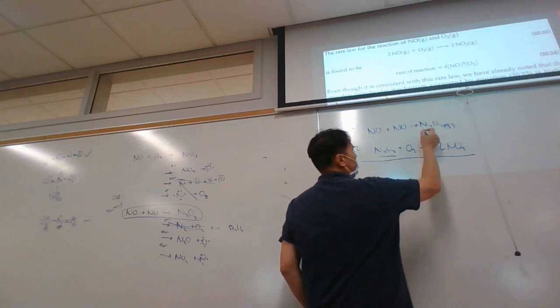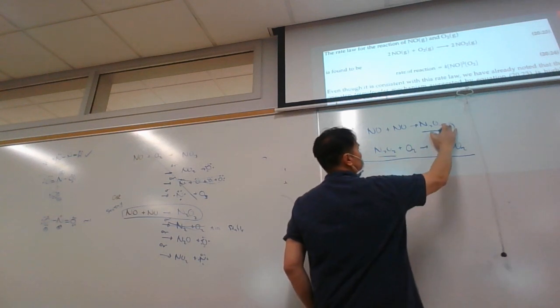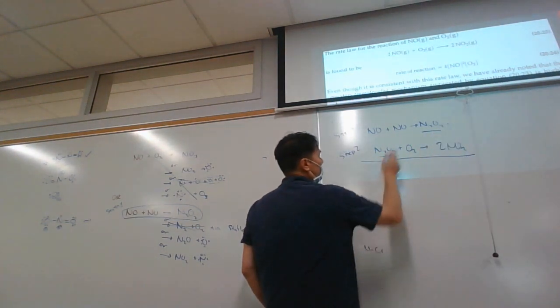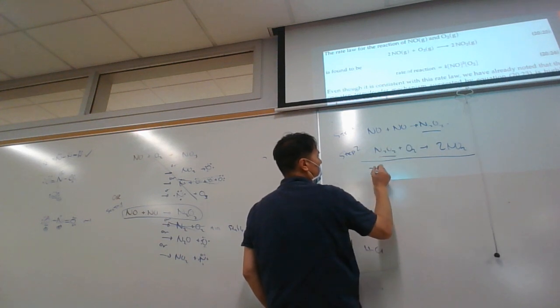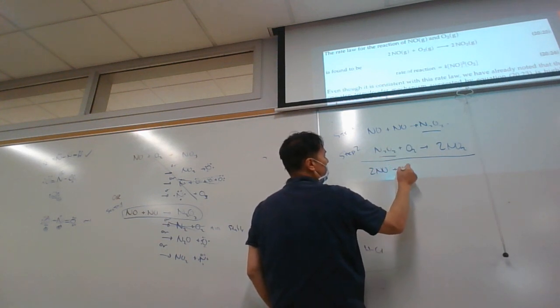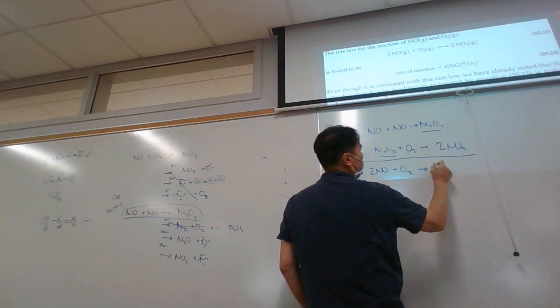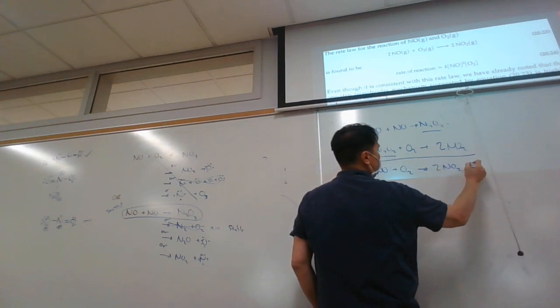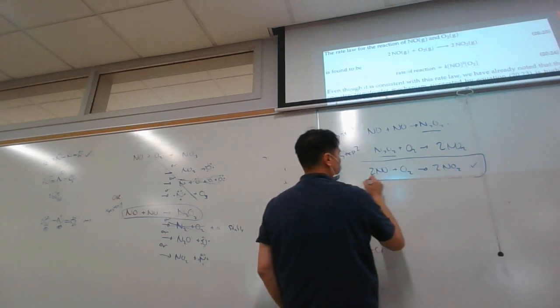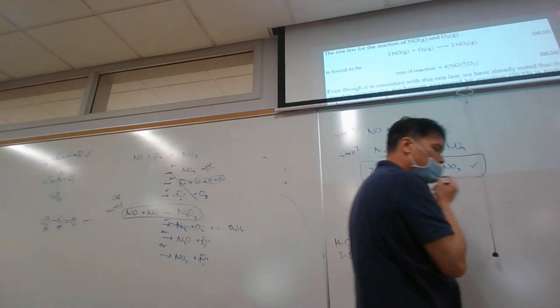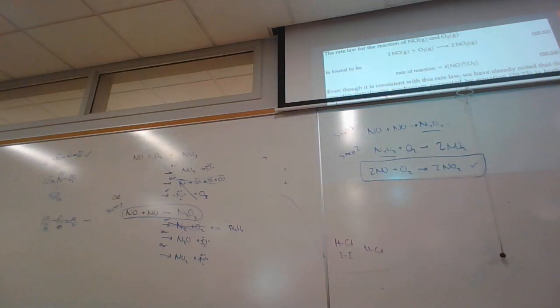Well, N2O2 is what we call an intermediate species, the gas, and that will cancel out. And so the overall net reaction is two NOs plus an O2 yield two NO2s. And so the net reaction checks out. And therefore, it's plausible based on that, but we have to look at the rate law.